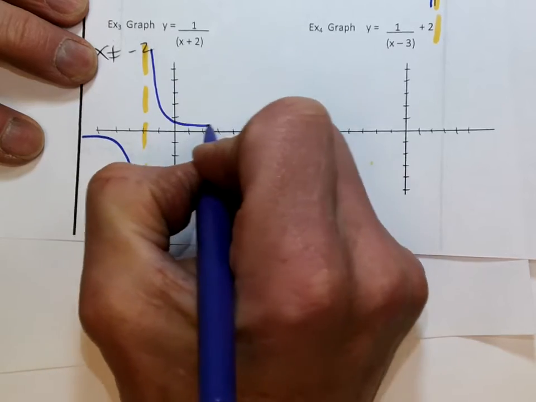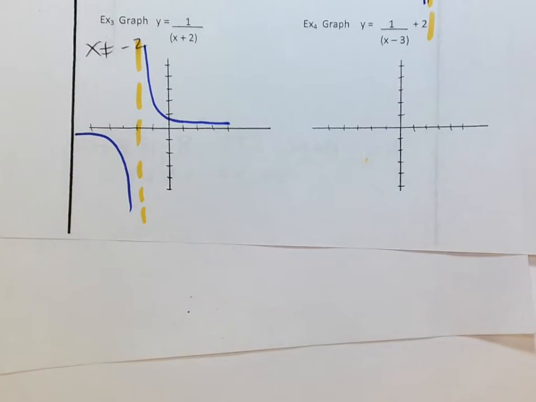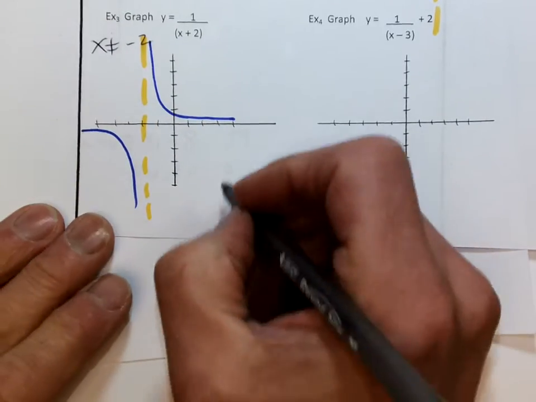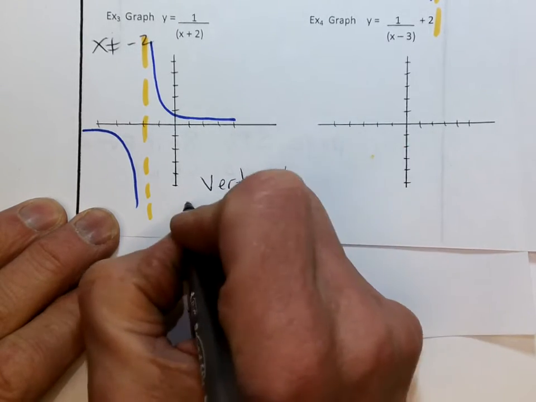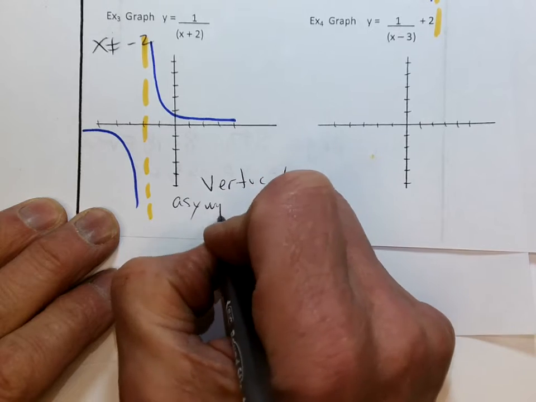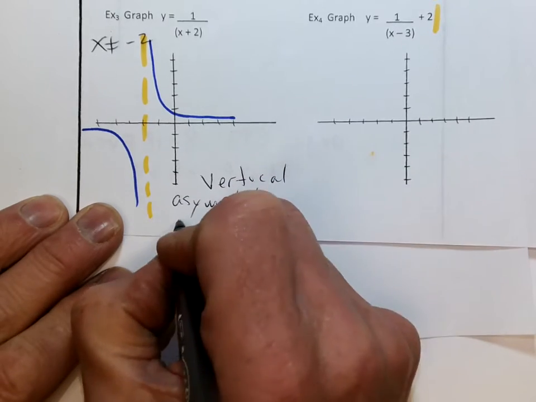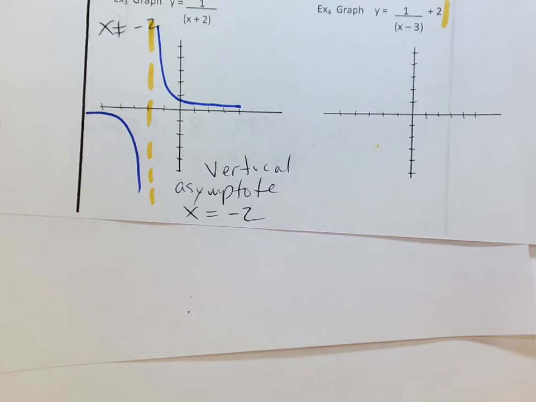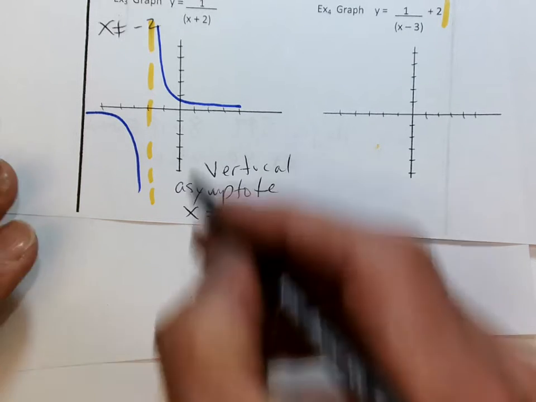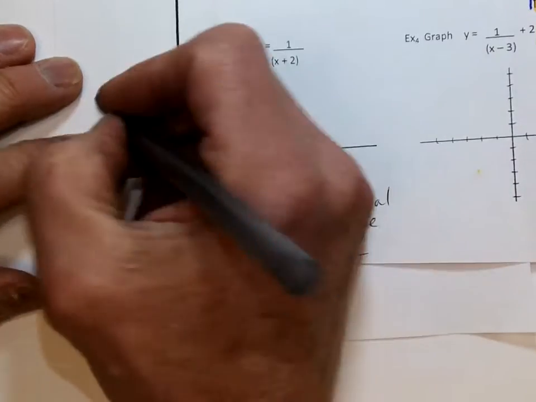Looks like this. So what I have is a vertical asymptote at x equals negative 2, right?